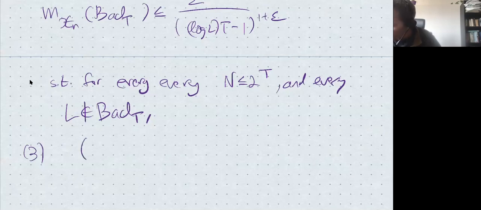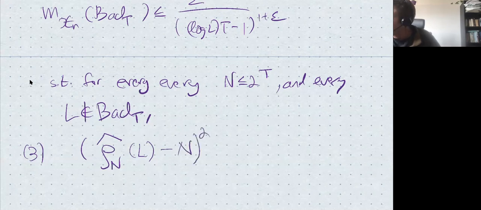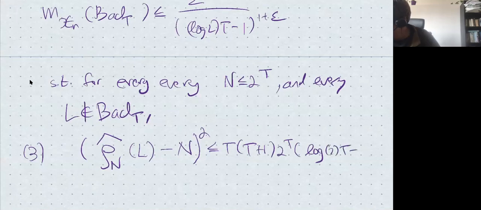The value of the transform of the indicator function rho n on the lattice L minus n, squared, is bounded above by T times T plus 1 times T through T times log 2 T minus 1 to the power 1 plus epsilon.